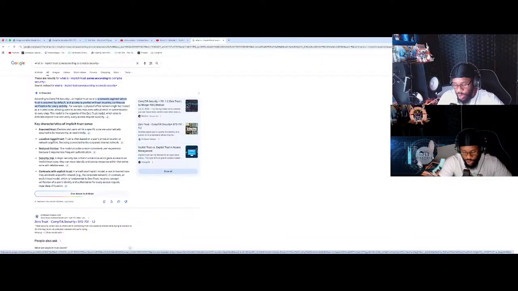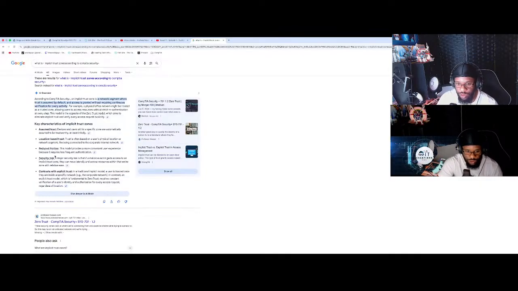So if I work in Baltimore, I can get access to the Baltimore resources. We have assumed trust. So the certain devices that we use, if it has a certain stamp of approval, it can be trusted. Yeah, reduced friction. This model provides a more convenient user experience because it requires less frequent authentication. So not having to put in a code twice or 3 times, 4 times just to get access to information.